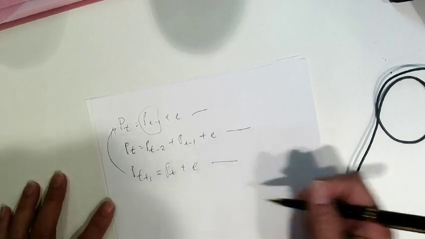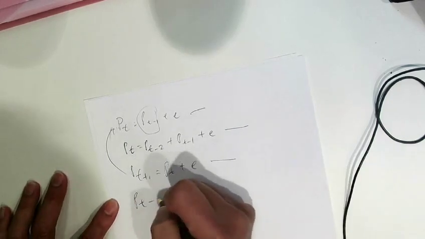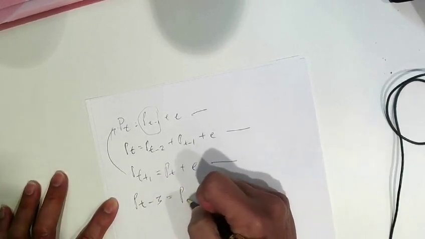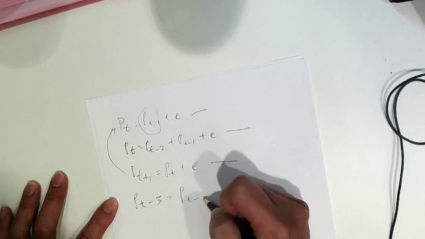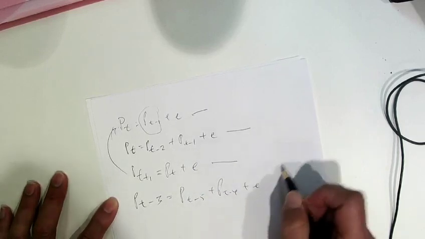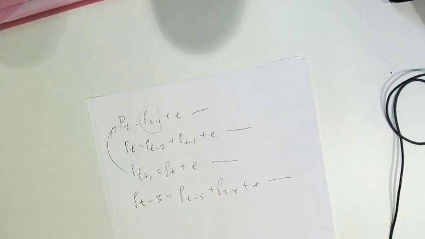So if I give you, let's say, one more example, Pt minus 3 equals Pt minus 5 plus Pt minus 4. Is this weak form market efficient? Yes or no? They are all historical prices. Are they? Are they all historical prices?